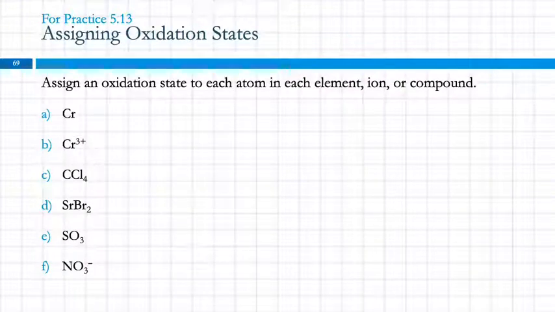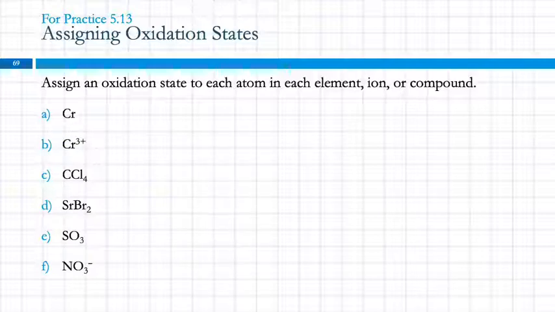Okay, so let's practice. We're going to assign oxidation states, and each atom gets its own oxidation state. So we don't look at them lumped together, we look at each individual atom. So we'll start off kind of slow. Here's chromium. Is there any charge on this? No, it's 0. This is an element.